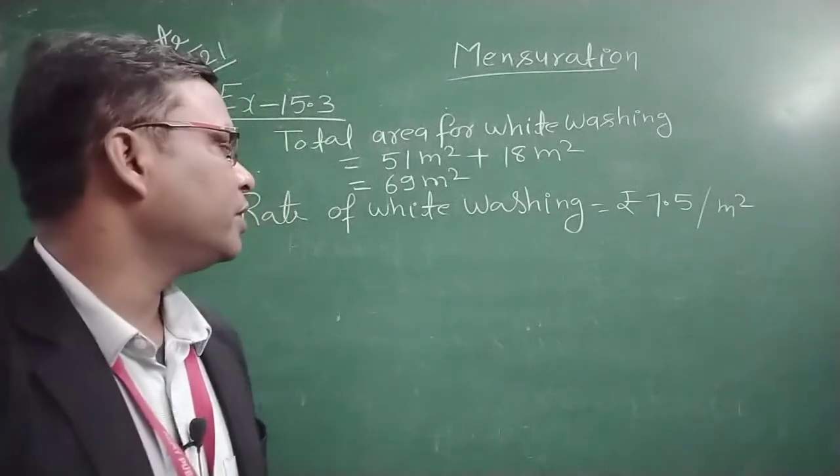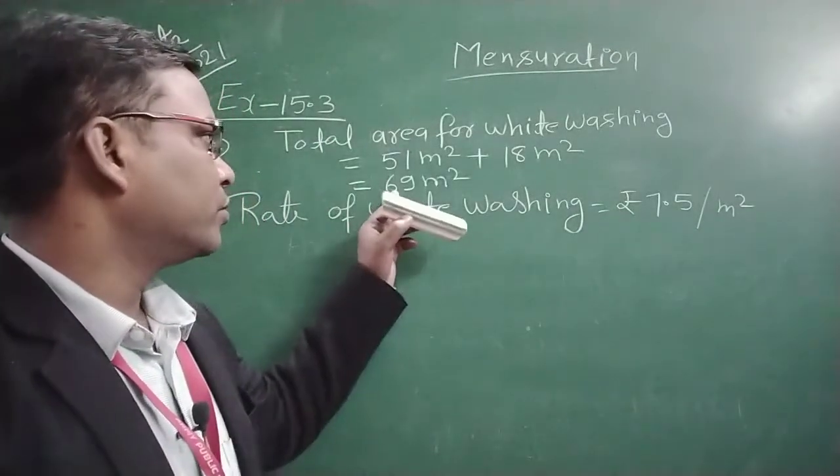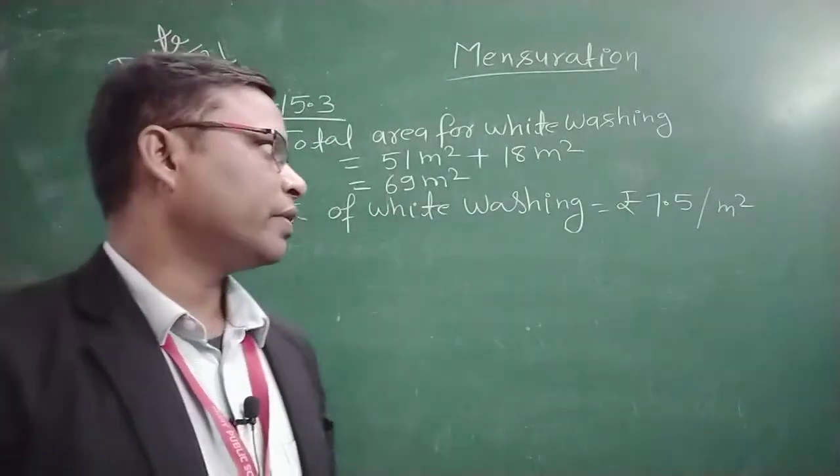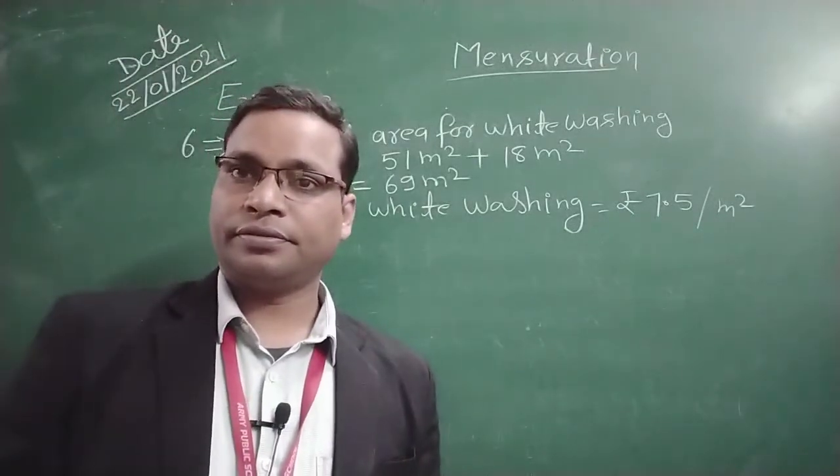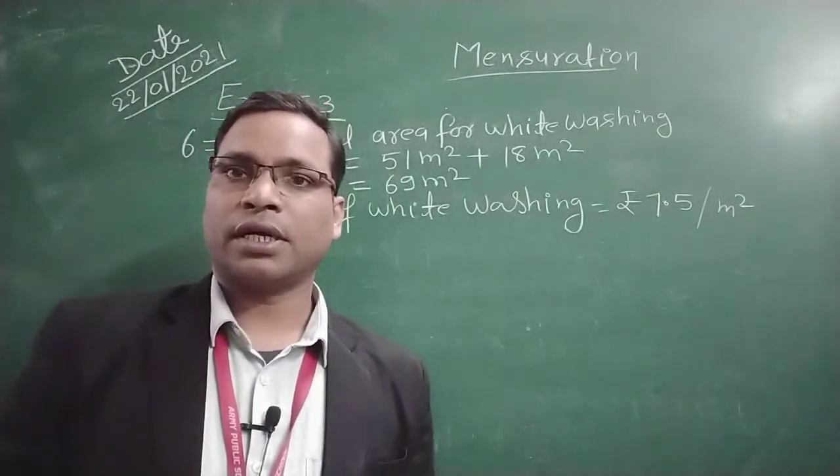But we have how many areas to whitewash? 69 meter square. Clear? So we need to find the cost of whitewashing.